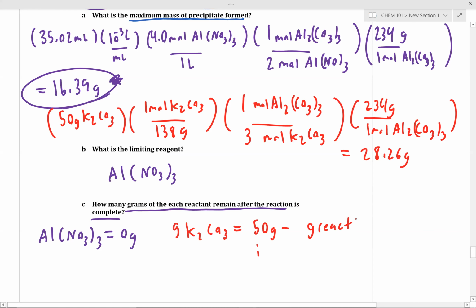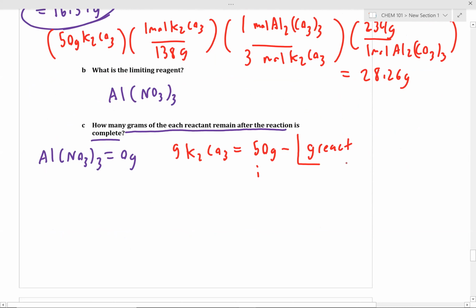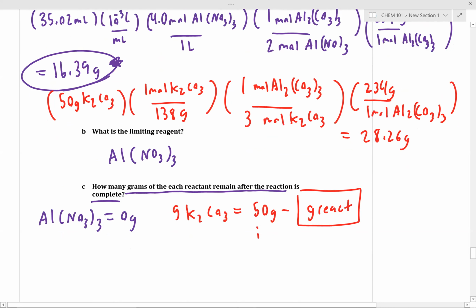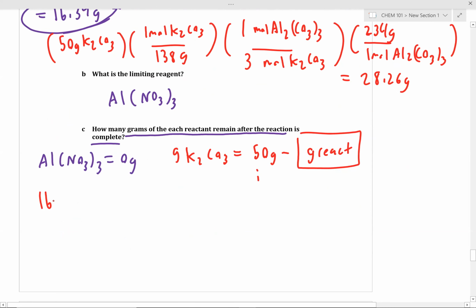Does this equation look familiar from our limiting reactant lab? Yeah. So then, to calculate the grams that react, we're going to take our 16.39 grams of aluminum carbonate, and we're going to convert the grams of aluminum carbonate into the grams of potassium carbonate.